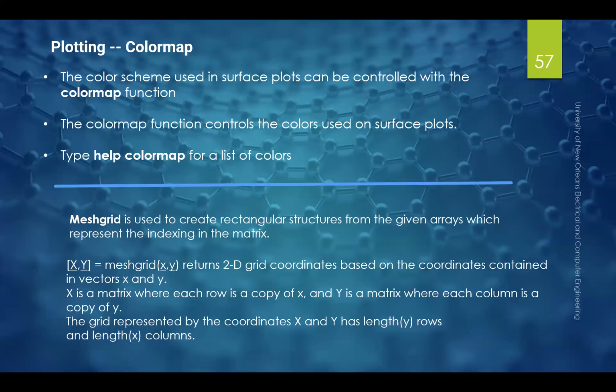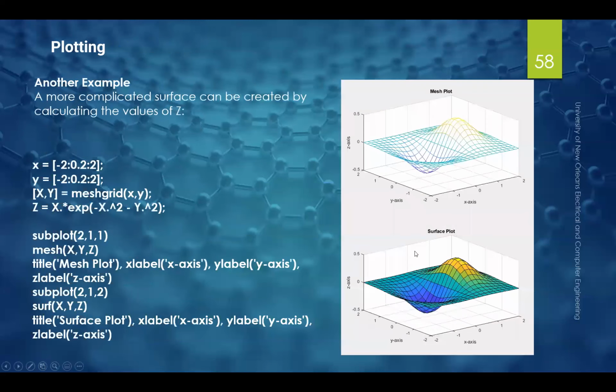But if you want to see a three-dimensional plot, if we want something more along these lines, which is a more complicated surface, then you'll need to use the meshgrid command so that the plot can understand where to put those values, okay? So in this case, we created a more complicated surface by calculating the values of z.